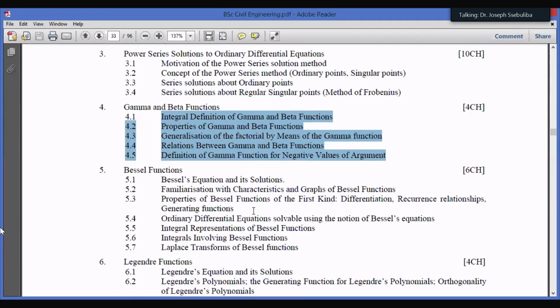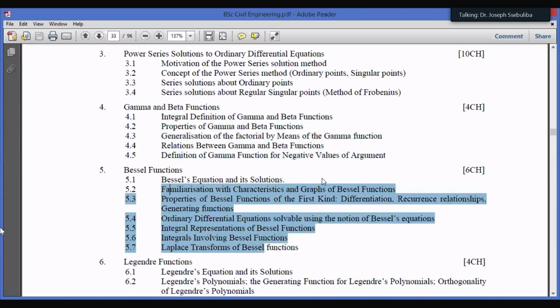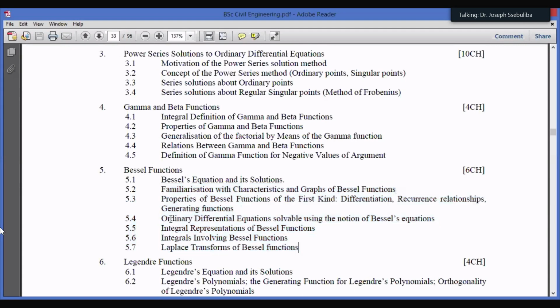We have the Bessel functions, and here you will find that again these ones relate to differential equations and what we also call difference equations. So you can see ordinary differential equations solvable using the Bessel's equations. Then you can also have a Laplace transform of Bessel.